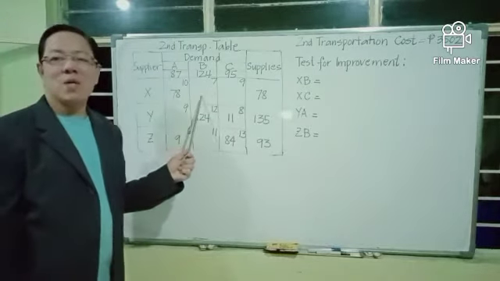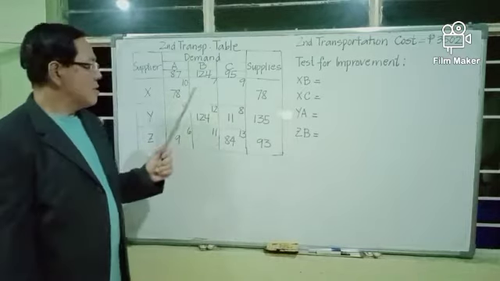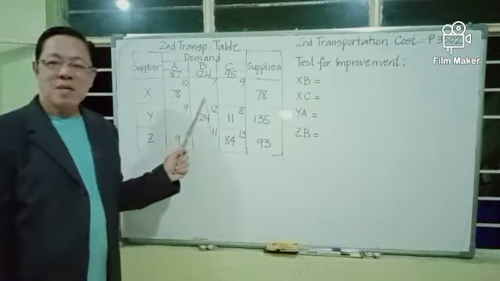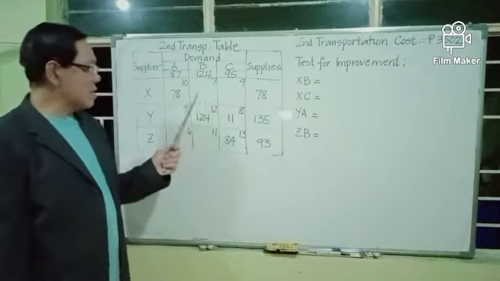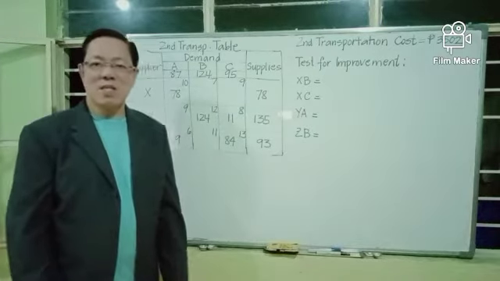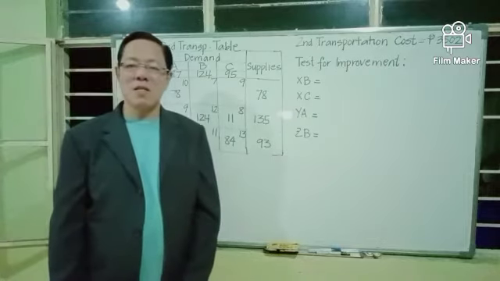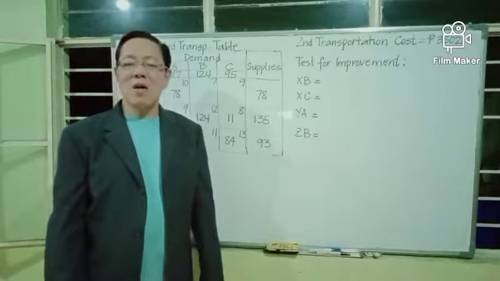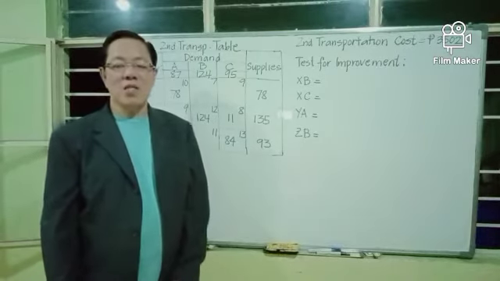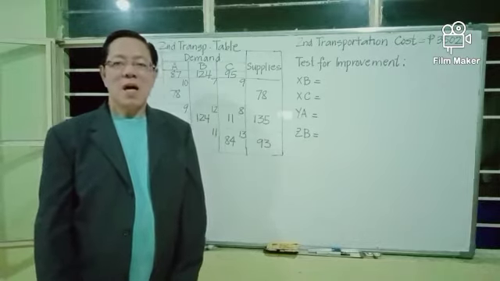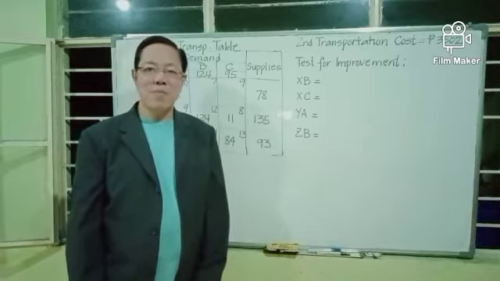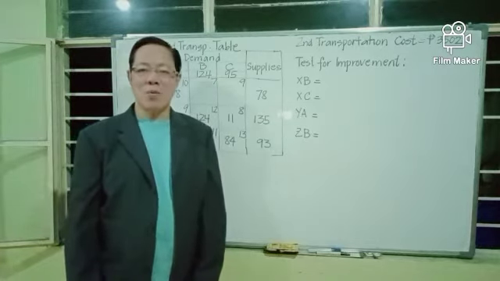For this vacant cell, we will trace a closed path that will start from this vacant cell, and we should be able to end at the same vacant cell XB. And the closed path, as we said in the previous lesson, consists of alternating horizontal and vertical movements, the first move of which is always horizontal, either to the left or to the right, followed by a vertical movement, either upward or downward.